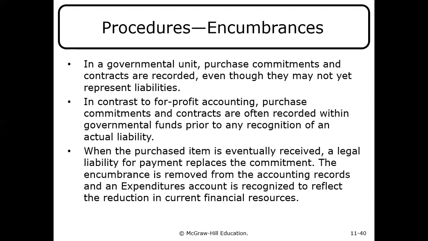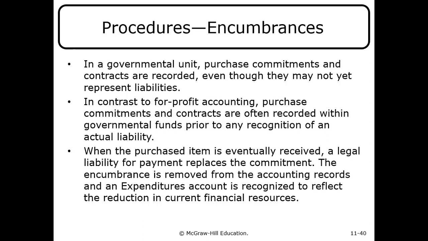But in government accounting, purchase commitments and contracts we sign are recorded, their effect right now, prior to any recognition of actual liability. And then when the item is received, a legal liability for payment replaces the commitment, and that encumbrance is removed from the accounting records and an expenditure account is created.